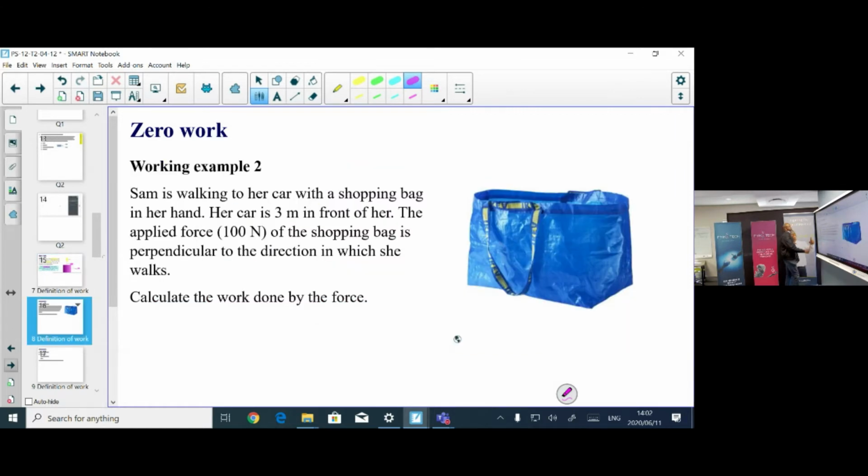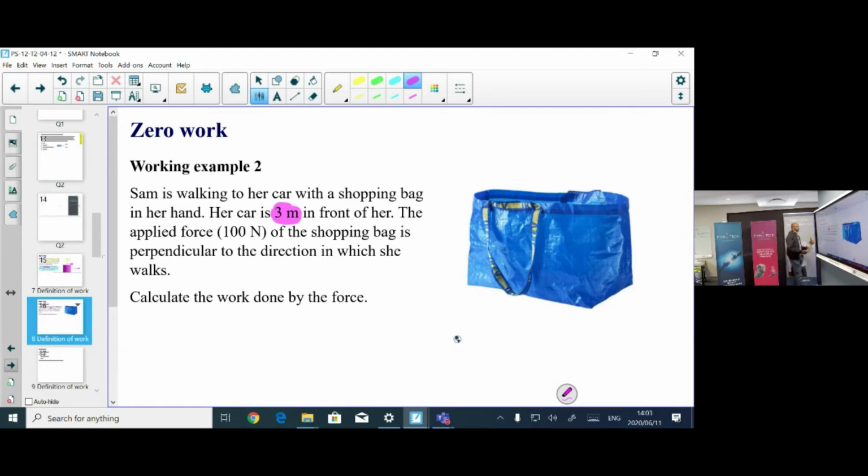Let us look at the example. We have Sam. Sam is walking to her car with a shopping bag. That is the bag there on the right hand side, in her hand. Her car is 3 meters in front of her. In other words, we have to write down what is given so that we can look for what is not given. We have 3 meters, that is the displacement.